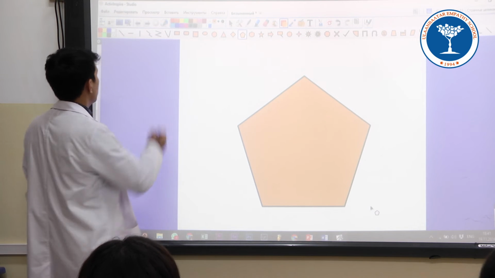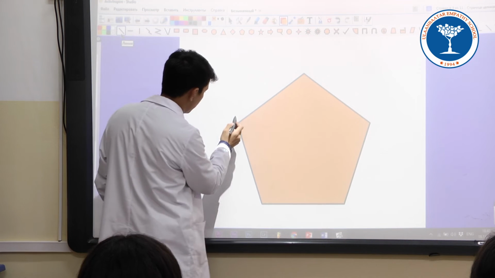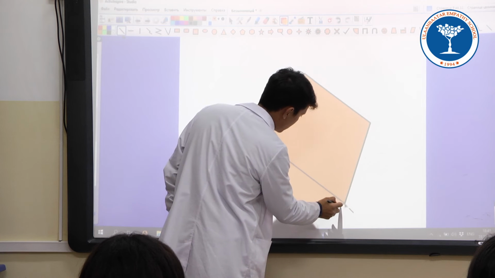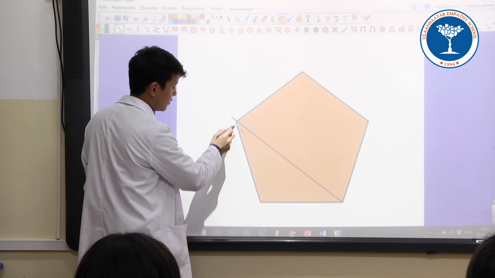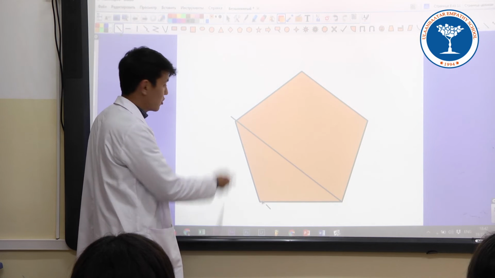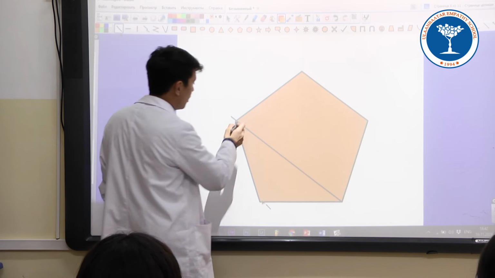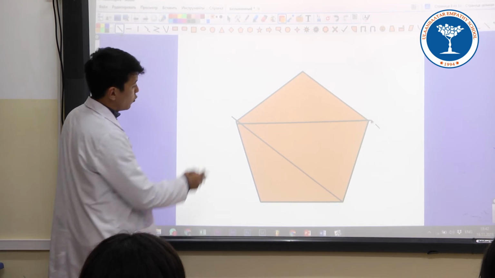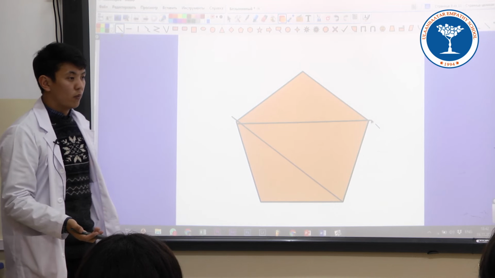So to do that, we take a line, and from one point, you go to another, opposite point. You can't go to the neighbor point because it already has its own line, yes? And we go to another opposite point, and we have now what? Three triangles which don't overlap. Am I right?